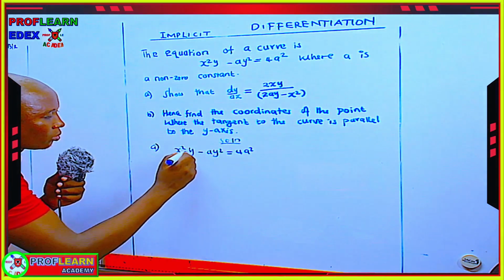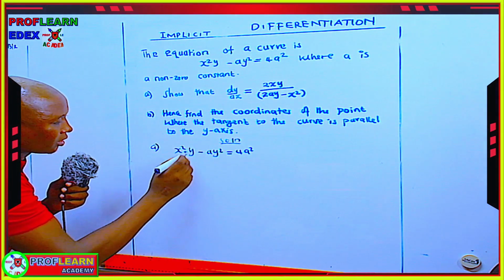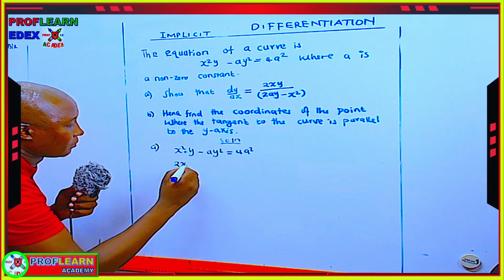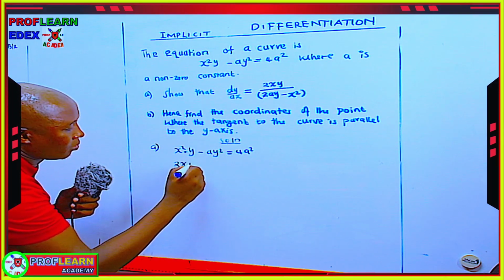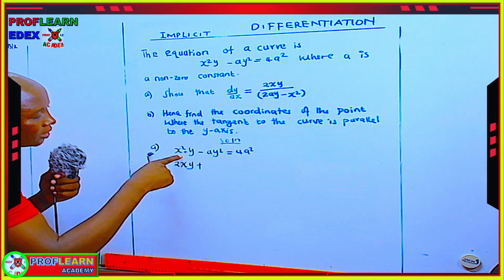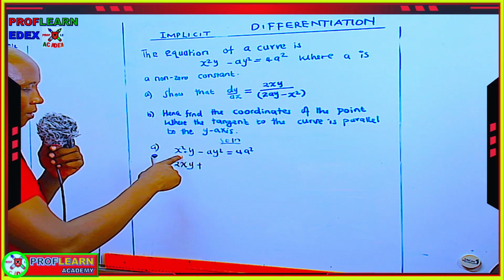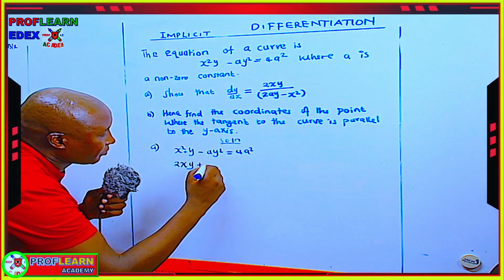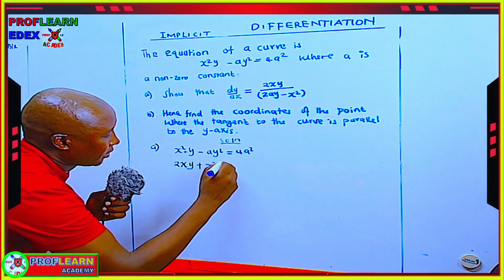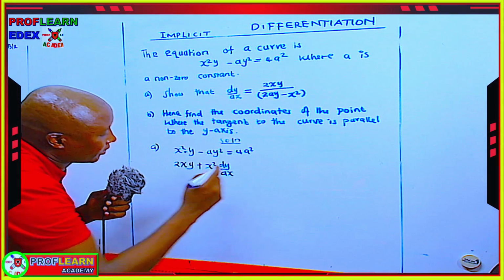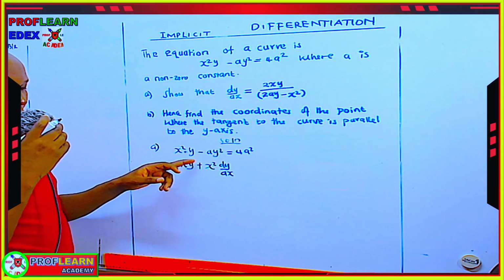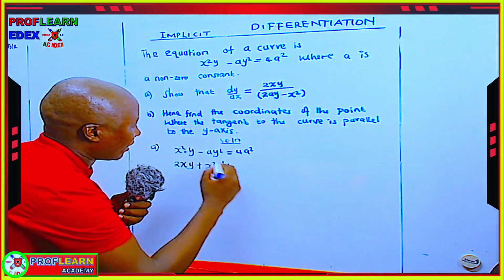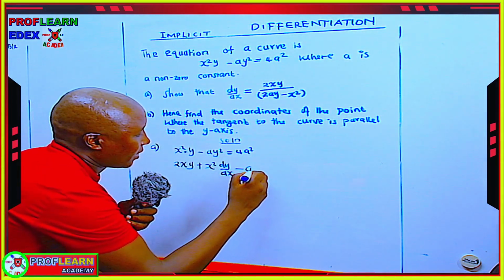So we differentiate keeping y constant, giving 2xy. Then for the second case, we keep x squared constant and differentiate y, giving x squared dy/dx.